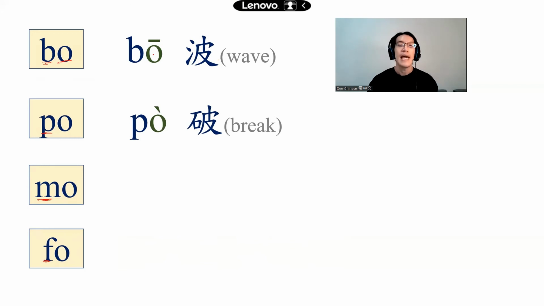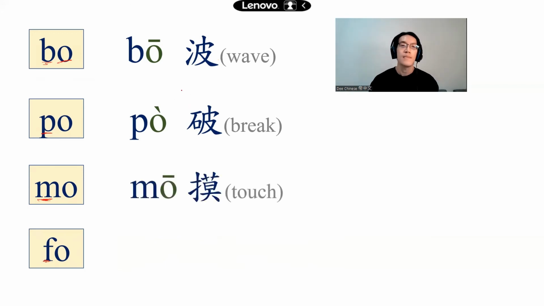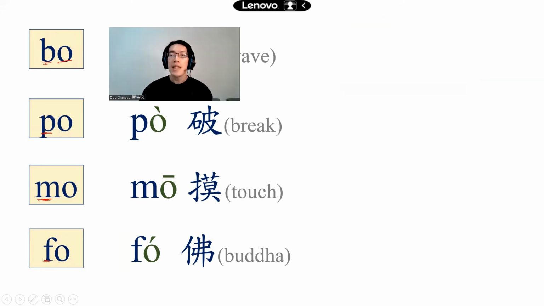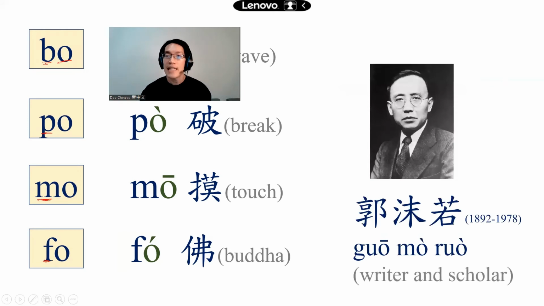And the next one is mo, which means to touch. And the next one is fo, which means Buddha.